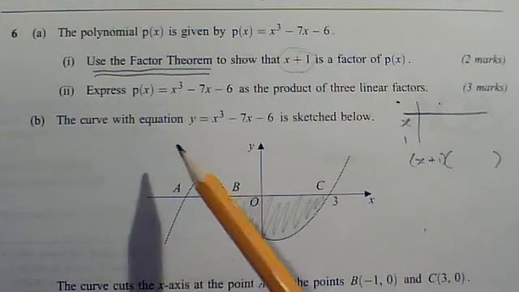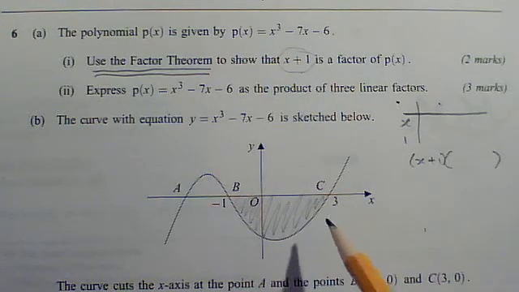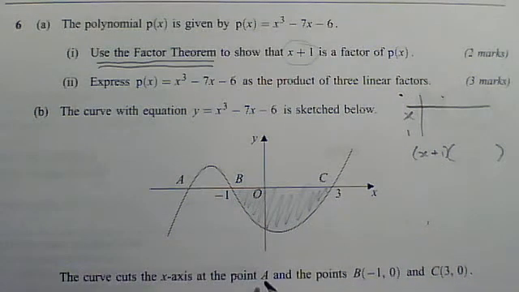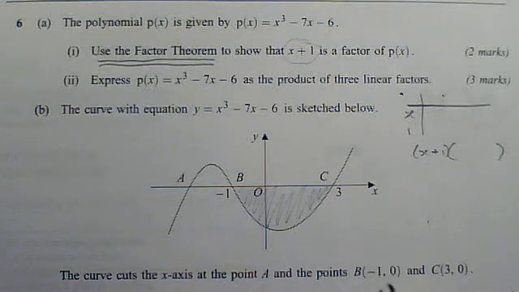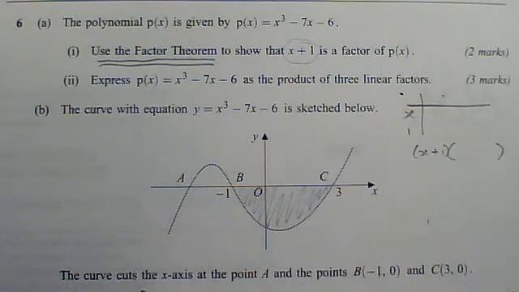Then, in part B, we've got a lovely sketch graph of the curve. So the curve, it says, cuts the x-axis at the point A, and these other 2 points here. The coordinates of the point A, well, they're really trying to help you here. You've got the thing factorised into linear factors.